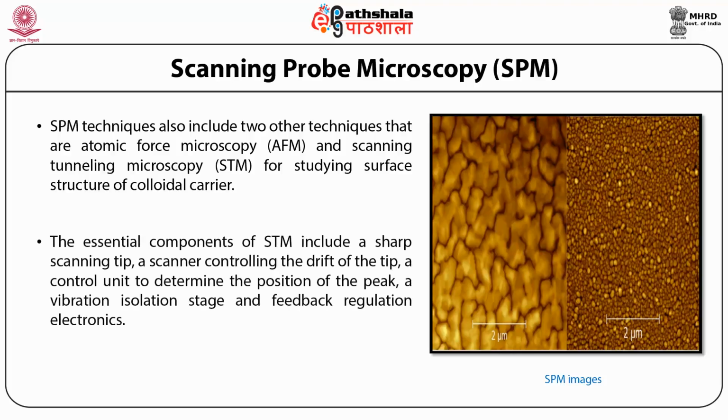The essential components of STM include a sharp scanning tip, a scanner controlling the drift of the tip, a control unit to determine the position of the tip, a vibration isolation stage, and feedback regulation electronics. In this SPM image you can see the resolution being shown.